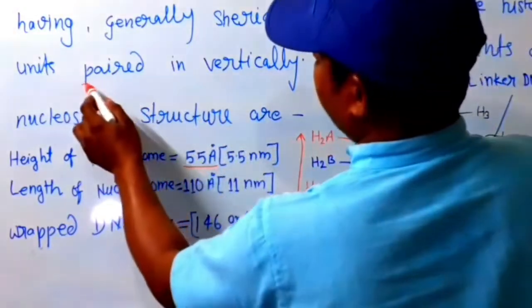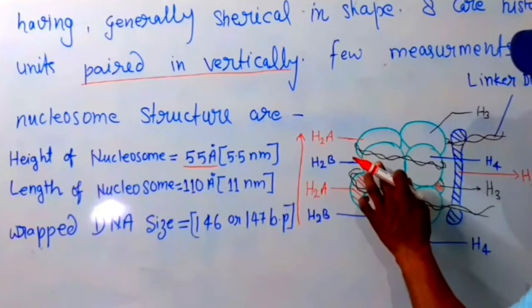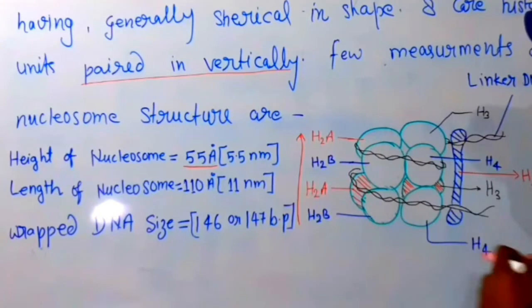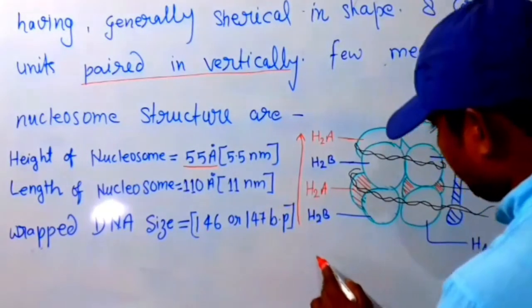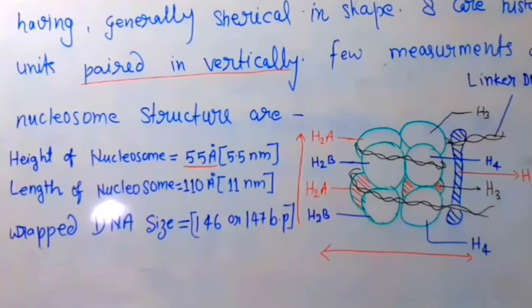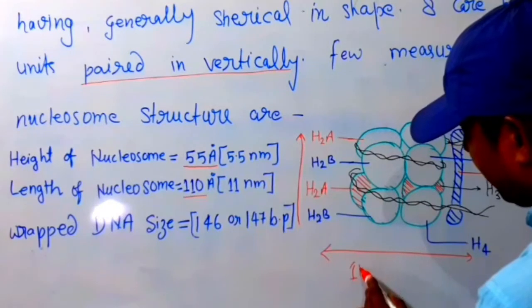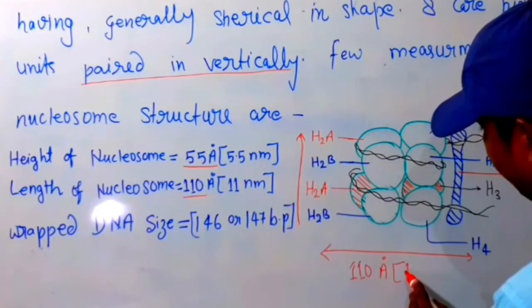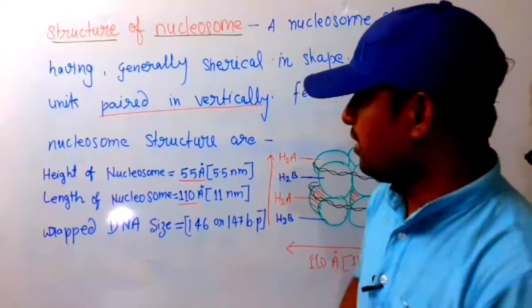Paired vertically means a unit and a unit arranged vertically. The length of the nucleosome is 110 angstrom, which means 11 nanometer.